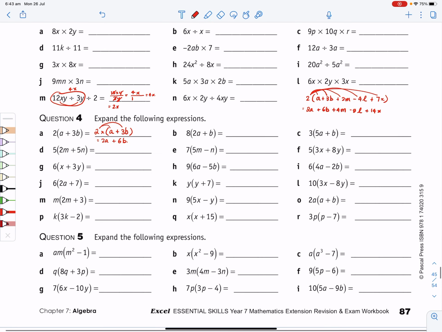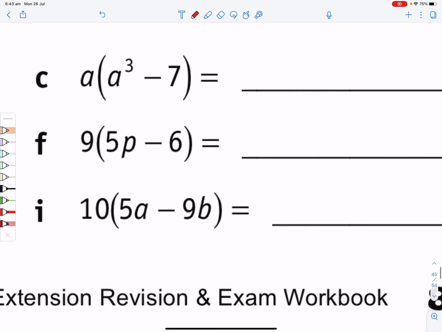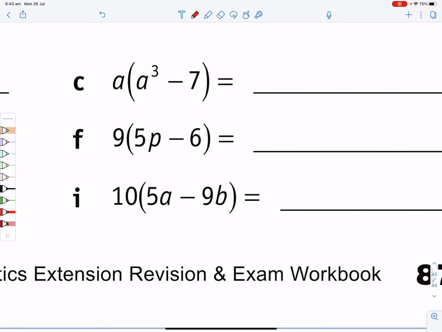If I'm going to go through and do any questions here, let's do these ones over here on the bottom right hand side. A times a cubed, or a is like saying a to the power of 1. So a to the power of 1 times a to the power of 3 is a to the power of 4, and you stop. And now a times minus 7 is minus 7a.